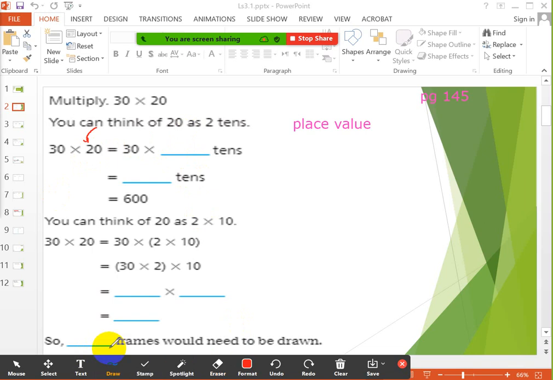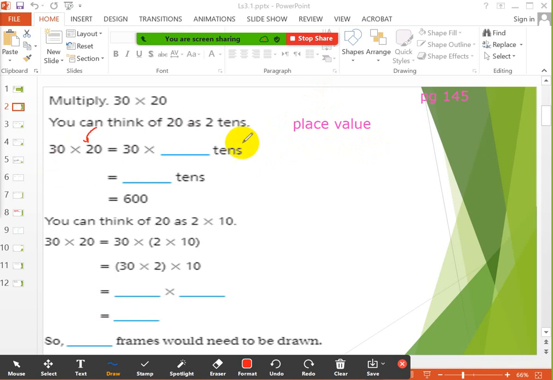So let's return and I will repeat again. If I want to multiply 2 tens numbers, there are many strategies I can follow to multiply the numbers. The first strategy is place value.